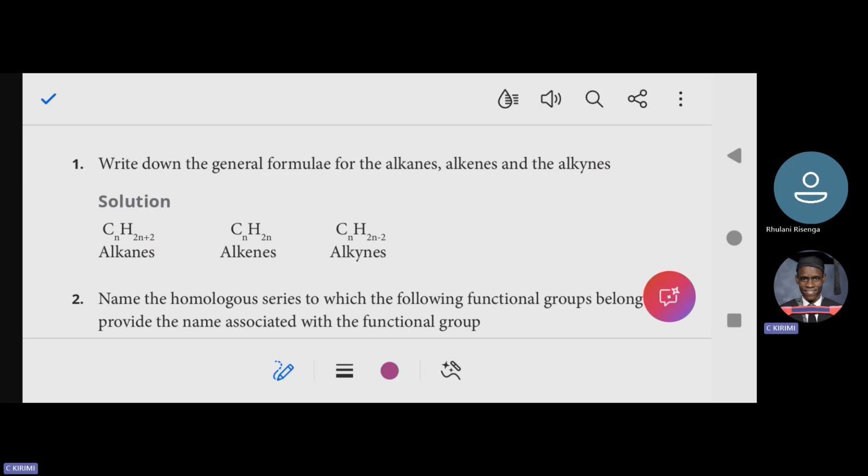So for alkanes, the general formula is CnH2n+2, alkenes is CnH2n, and alkynes is CnH2n-2. So you should be familiar with the formulas.